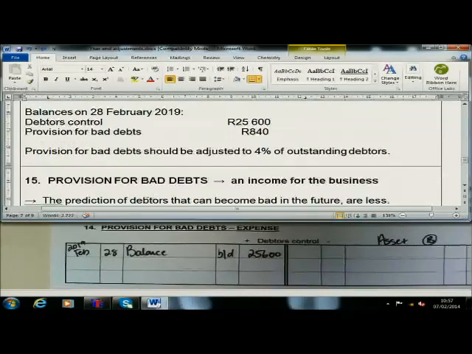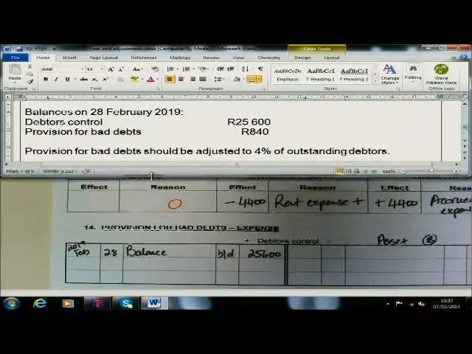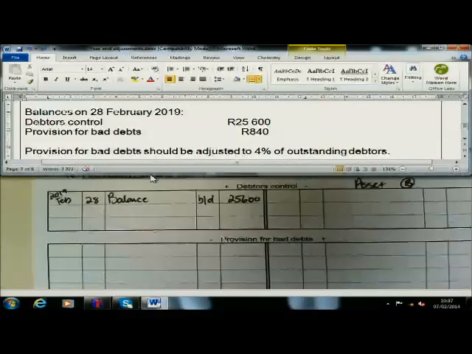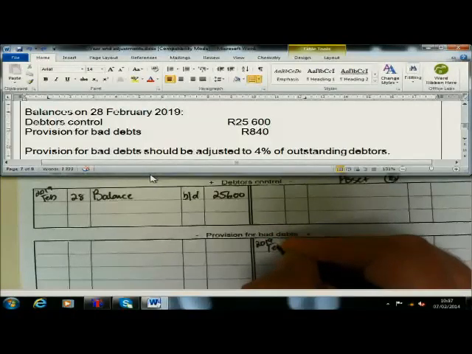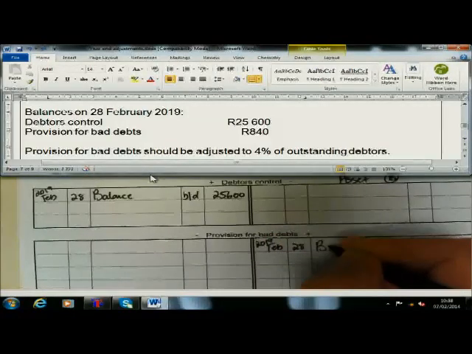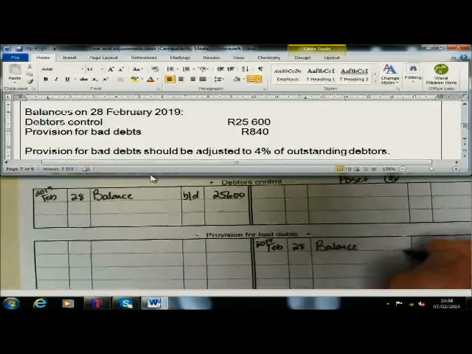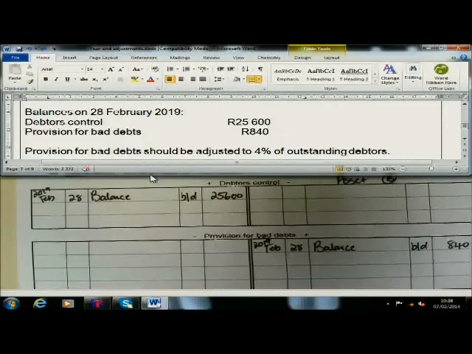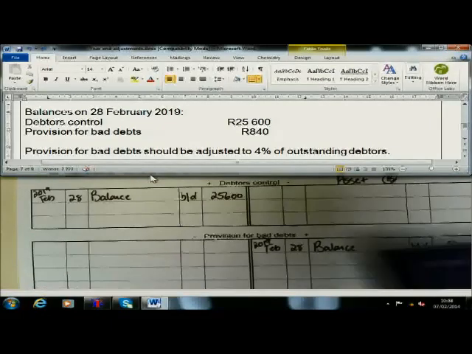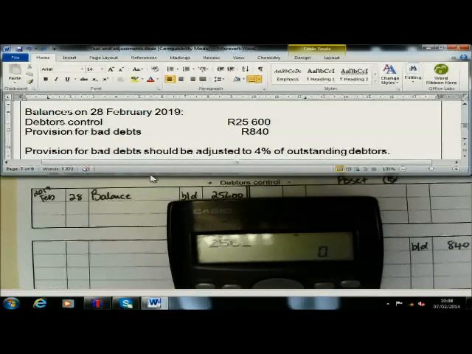Provision for bad debts is a negative asset. That means that you basically assume that a few of your debtors are not going to pay you. Balance brought down, at this moment, is 840 rand. The adjustment is that provision for bad debts should be adjusted to 4% of your outstanding debtors. Now you take the 25,600 and you times it by 4%.